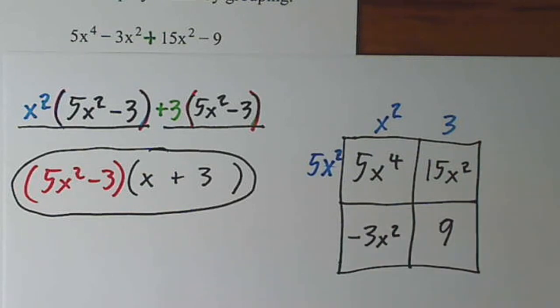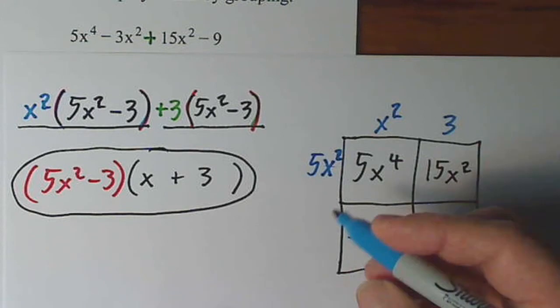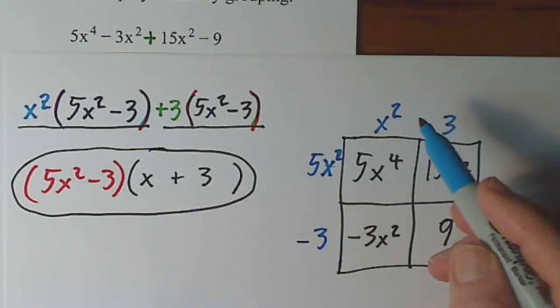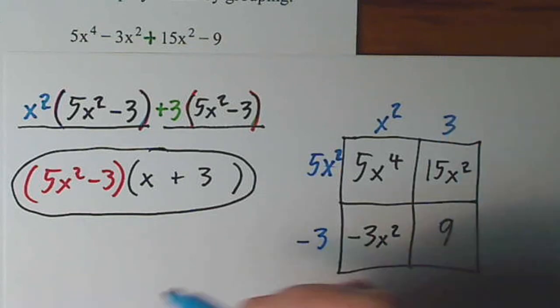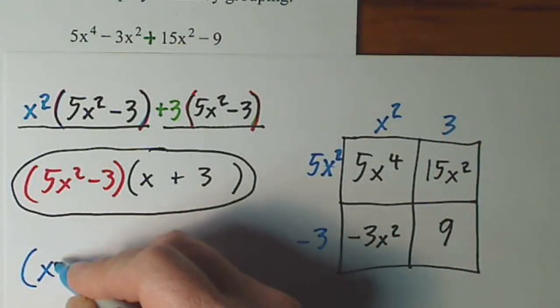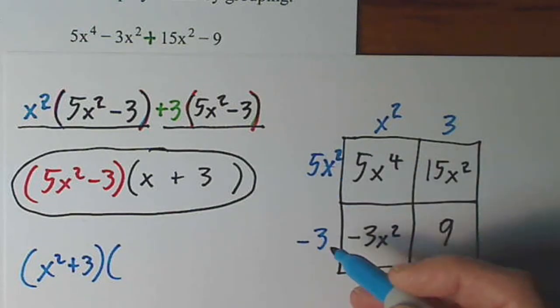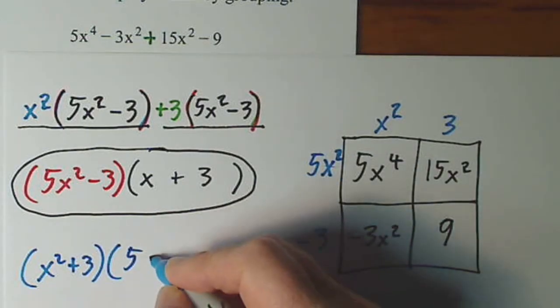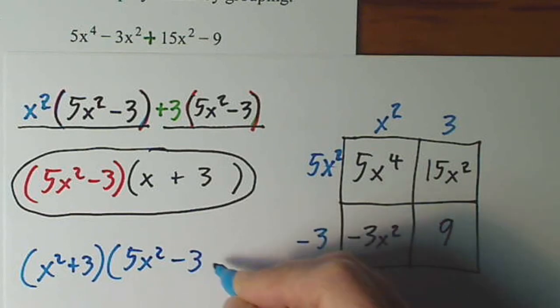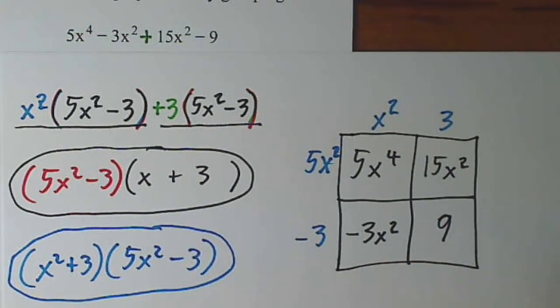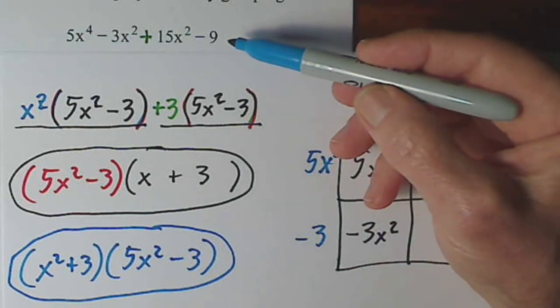And coming straight across here, the GCF is 3. And again, if there's a negative almost out, I pull it out. Alright, so your 2 binomials, x squared plus 3, and 5x squared -3. So this is the factored form of our original polynomial.